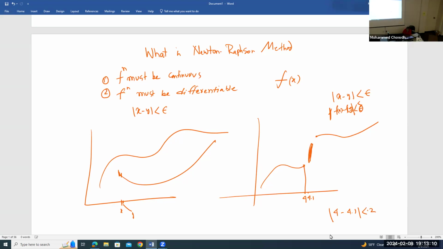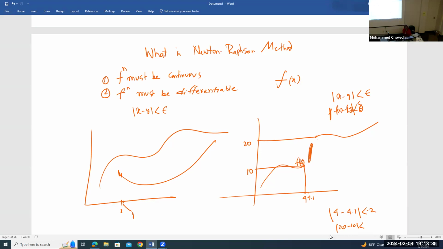But this difference, this is f of 4, which is equal to, suppose, 10, and that is f of 4.1, which is equal to 20. So that difference is not small, right? So that means 20 minus 10 is not very small.